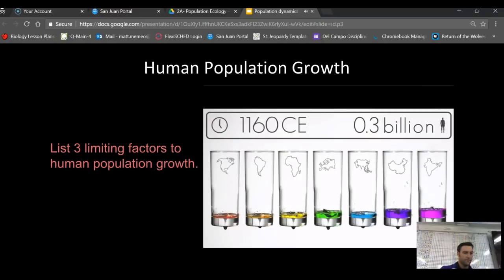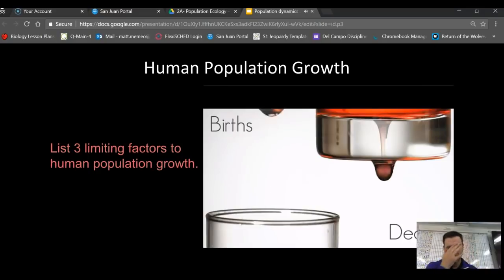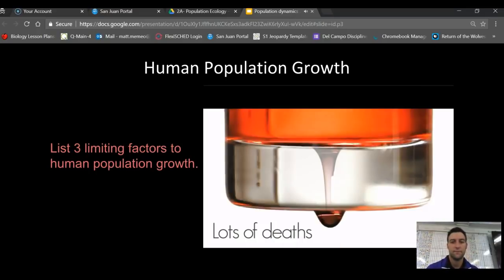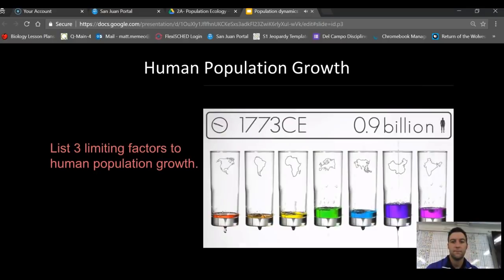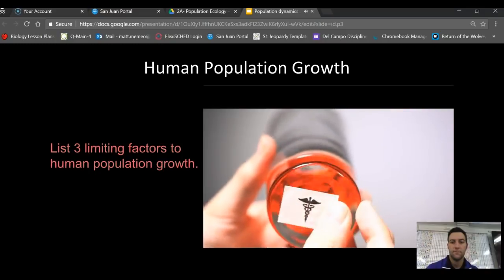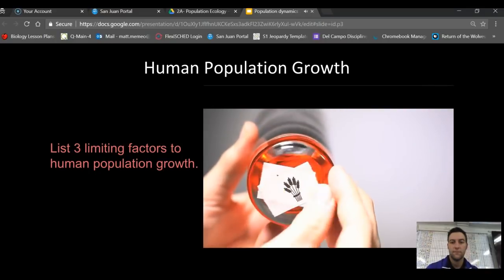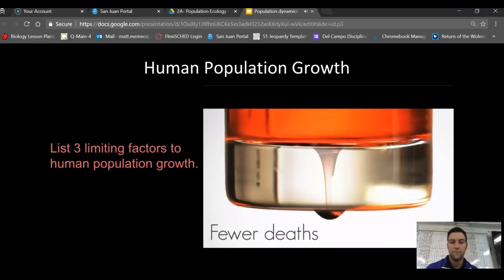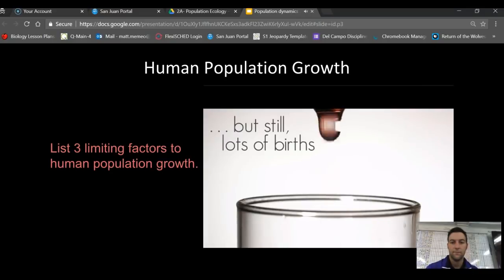For centuries, things stayed pretty much the same. Births are canceled out by deaths. Women are having lots of babies, but most babies die before they grow up and have families of their own. We don't reach 1 billion until 1804. But things are changing. Better medicine and better agriculture are starting to slow the leak from the bottom of the glass. People still die, of course. But more babies grow up and have babies of their own. Lots of babies.